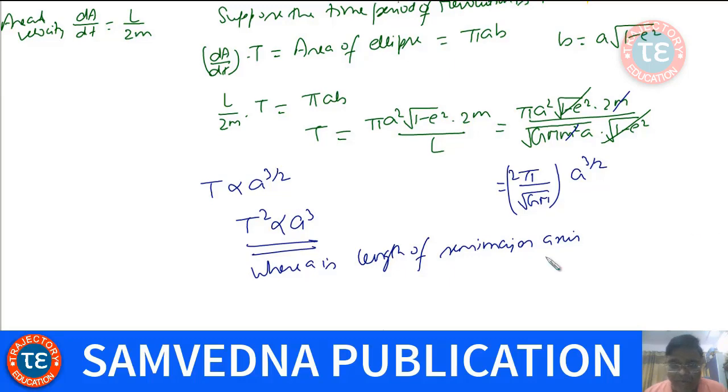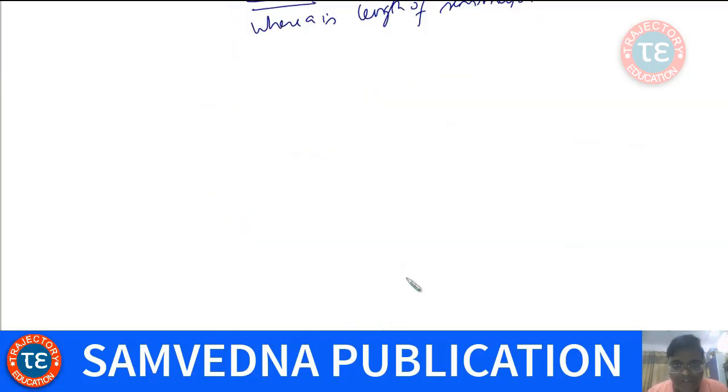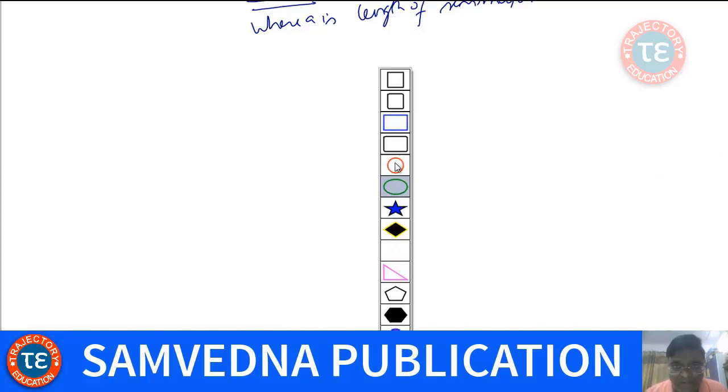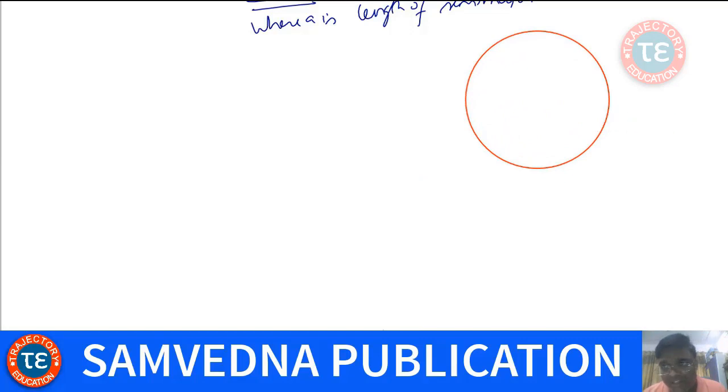See, if it is a circular orbit, this derivation is very straightforward. That comes directly from Newton's second law. Suppose the planet, say the Earth, is moving around the Sun in a circular orbit.